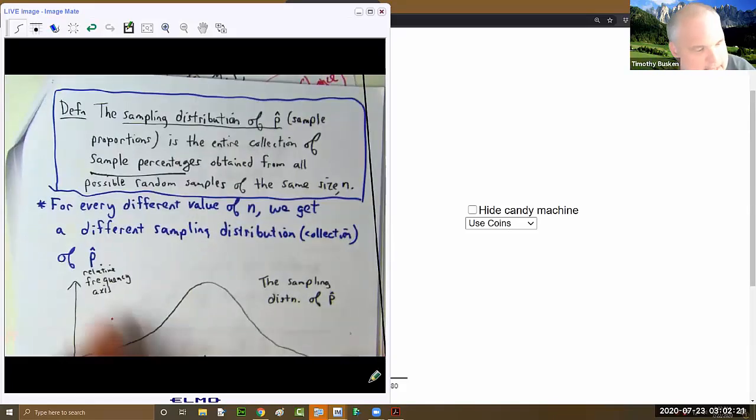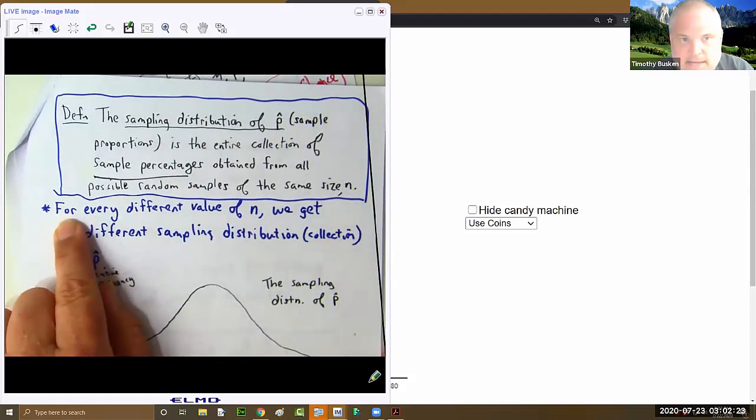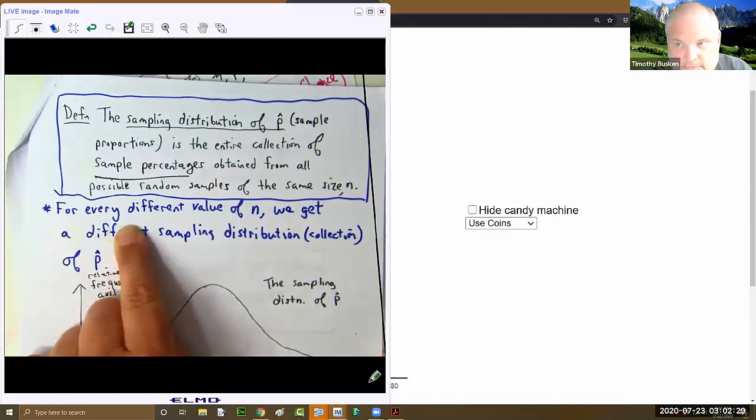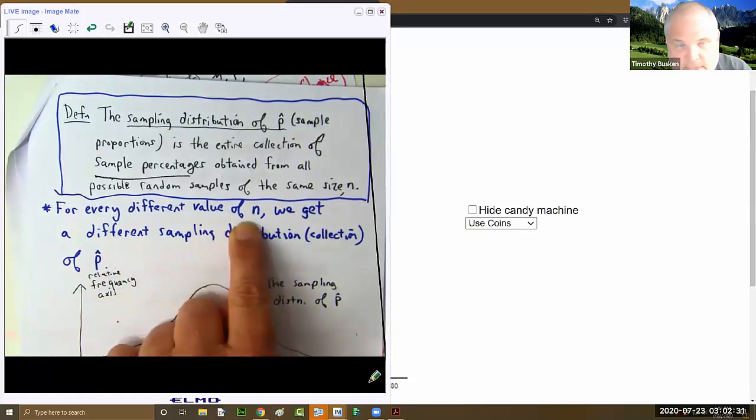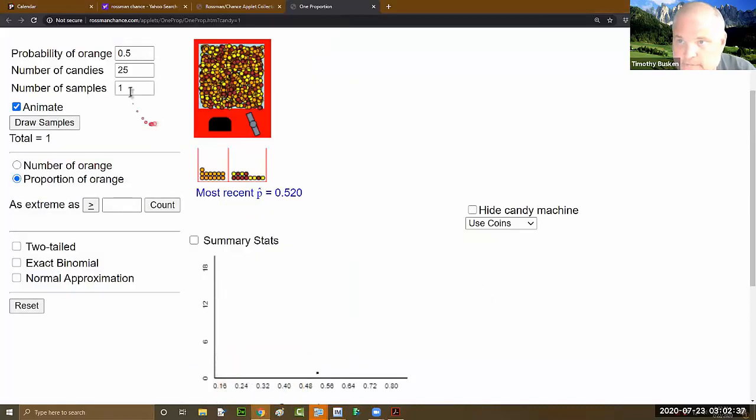Okay, and then the other point is, and it's so darn confusing when you're just starting out in this class, you're going to get it for every different value of sample size. Right now in our example, our sample size is 25, and I'm going to use the app to simulate the sampling distribution of p hat for samples of size 25.